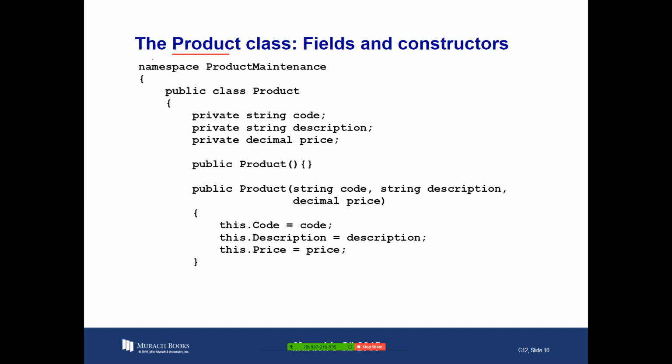And we have this class called product, and inside this class we have defined a code, a description, and a price. And price is a decimal value because it's going to be money. And then description and code are just character strings. This is the default constructor.